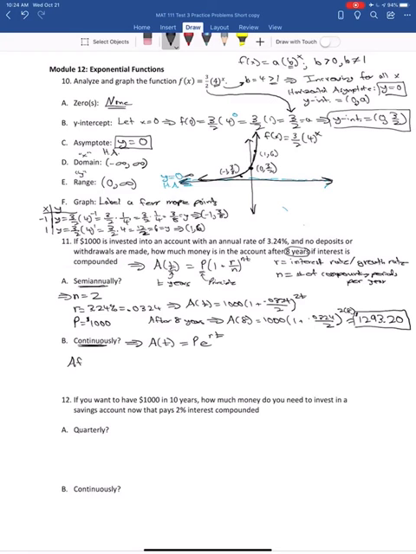So after 8 years, A of 8 is equal to our principal, which was $1,000, times E to the rt, which is 0.0324 times 8. So let's go see what we get. We plugged it into our continuous model, looking at growth continuously instead of a set number of compounding periods during the year.